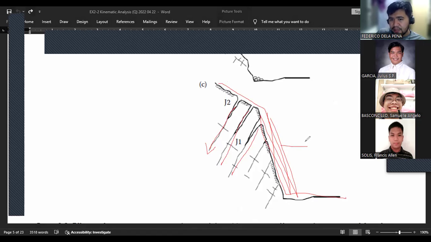As you can see here, the face of the rock slope is dipping this way, while the major discontinuities here are actually dipping in the other direction, right? And once you have formed enough columns of rocks that are unstable, these blocks can eventually collapse or tumble forward. Okay, hence the term toppling.